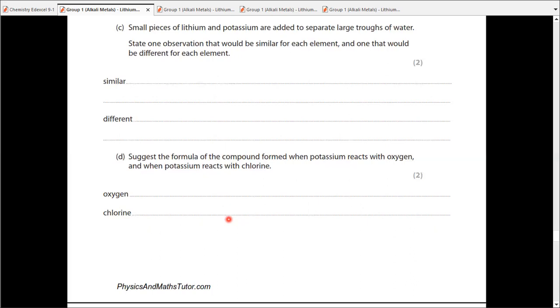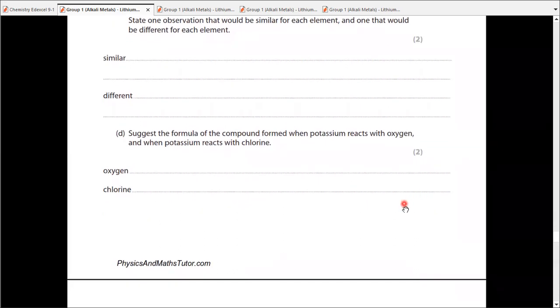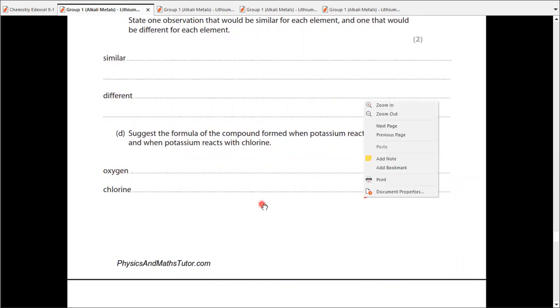It's just that one of them will show slow fizz and one of them will do it in a very violent manner, lithium and potassium respectively. So fizzing or bubbling, producing a gas is similar for both of them. Producing an alkaline solution is similar for both of them, which can then be tested with litmus paper.